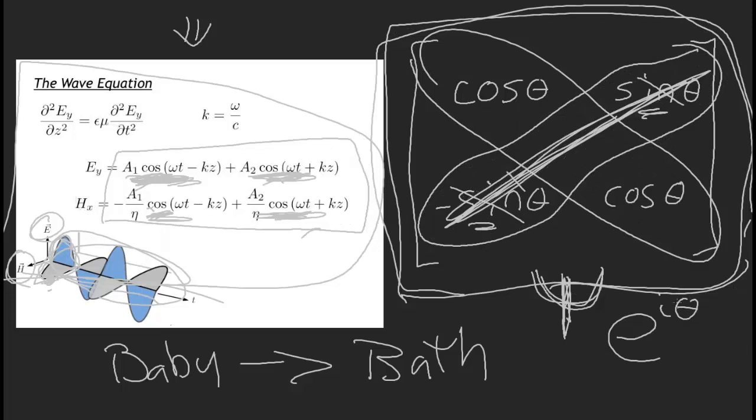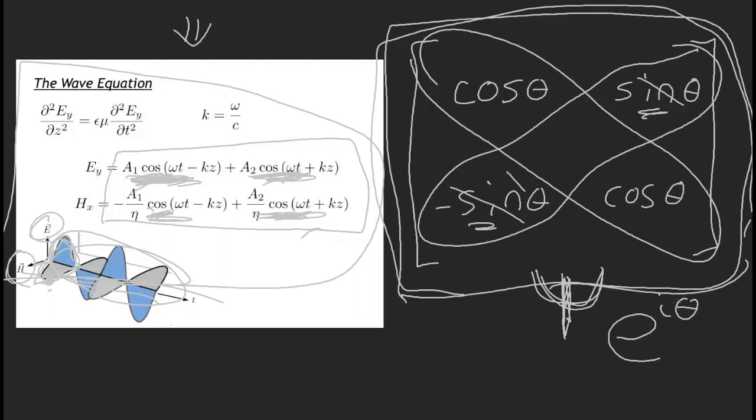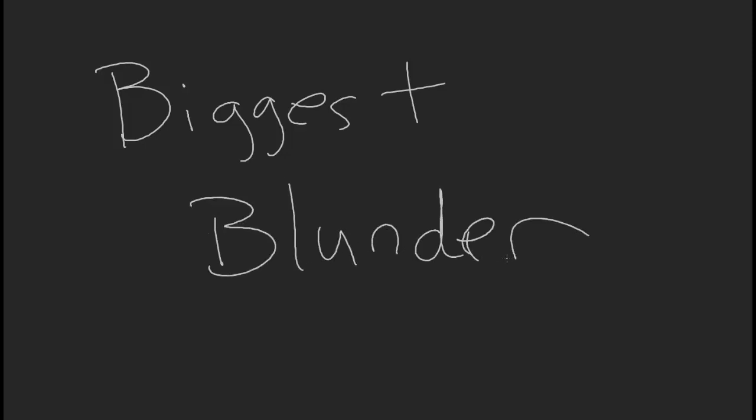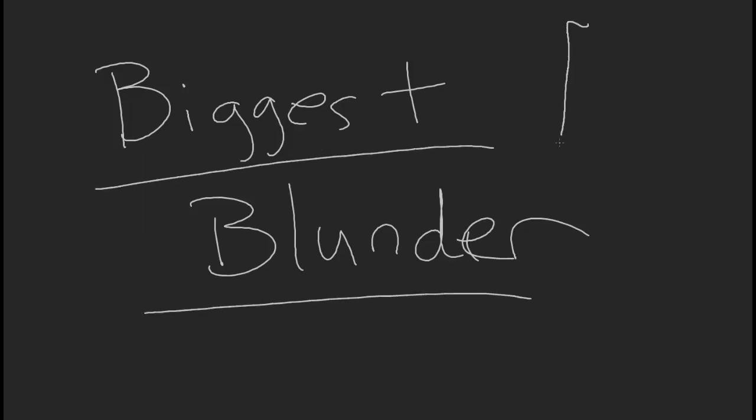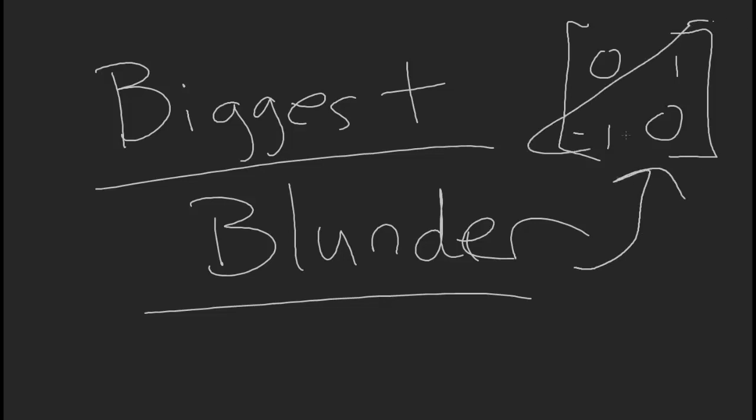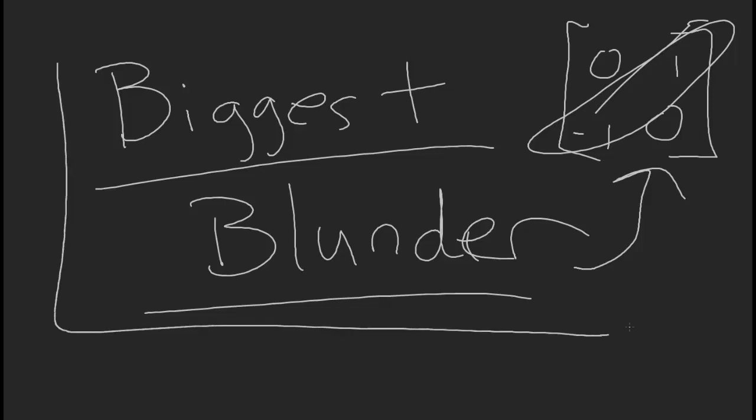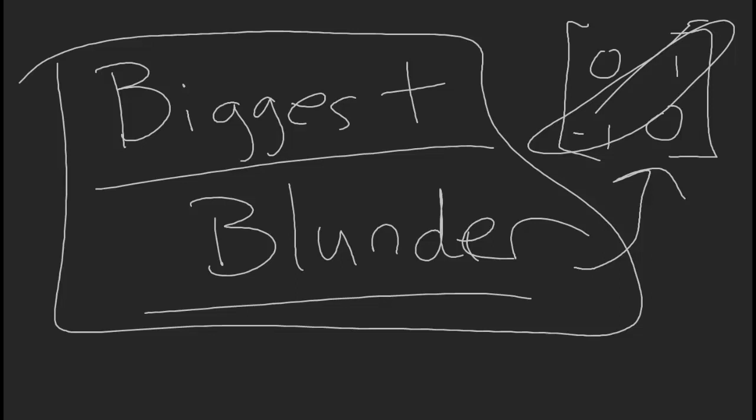But I think you see the point I'm making: by ignoring the imaginary component of, say, A plus BI, and by calling this imaginary, and then by assuming that imaginary numbers are not important, or that we have to somehow eliminate them so that we can end up with real values, is the, okay, wait for it, ignoring the backward diagonal of a 2 by 2 matrix and trying to constantly get rid of the imaginary component of a complex number is the biggest blunder in theoretical physics in terms of interpretation.